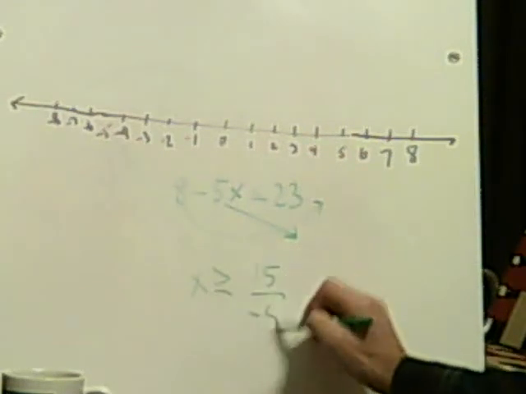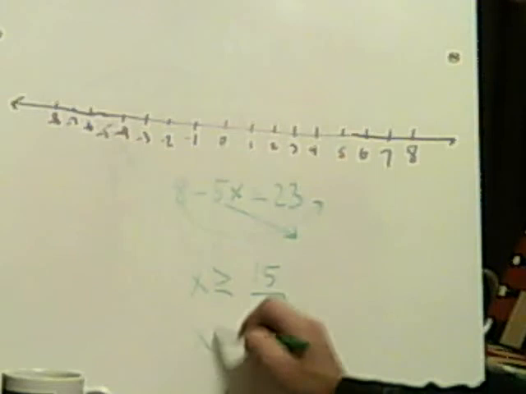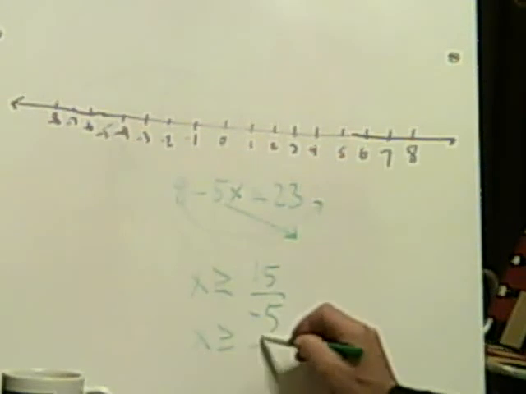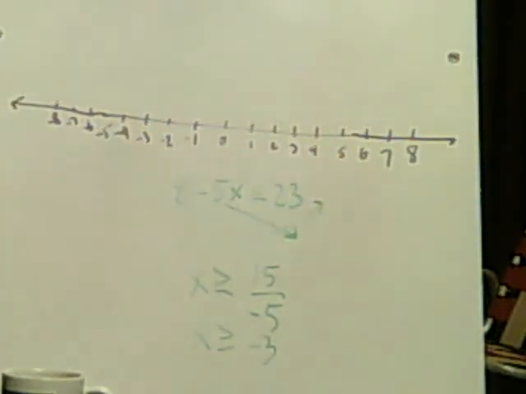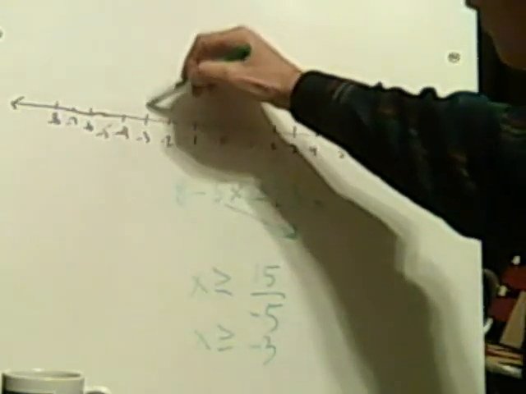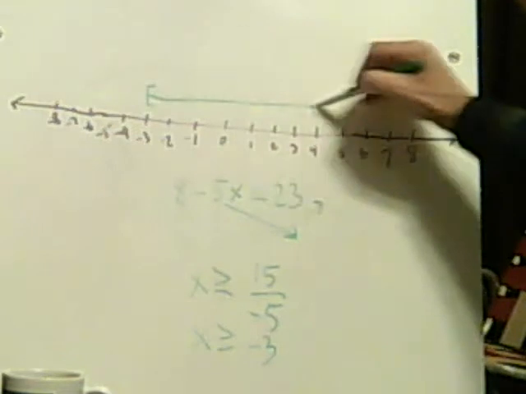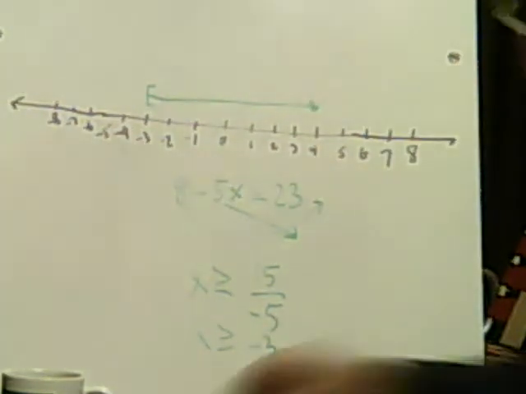On the bottom is negative 5, so x is greater than or equal to negative 3. Okay? Greater than or equal to negative 3, so that's going to be a bracket, and it's going to go to the right. And that's 24.